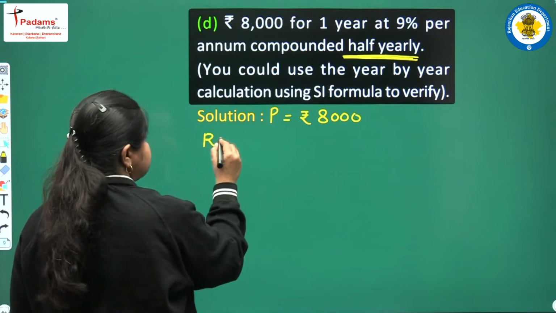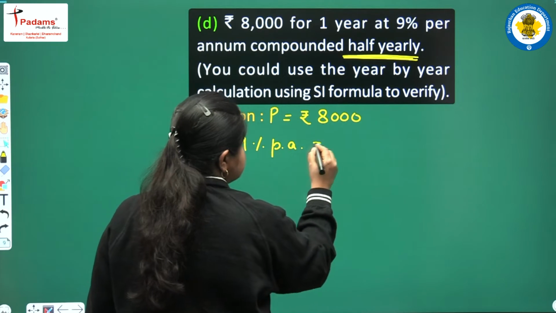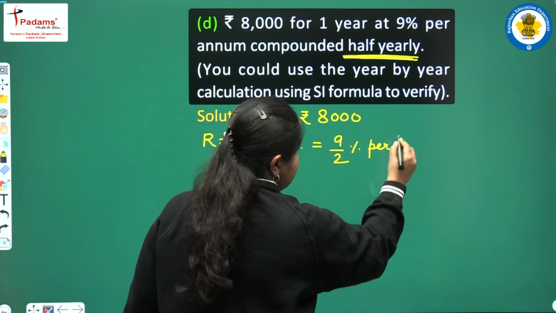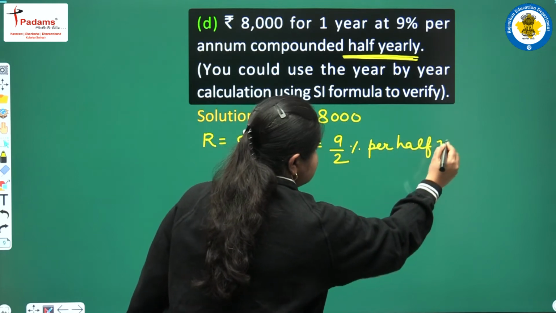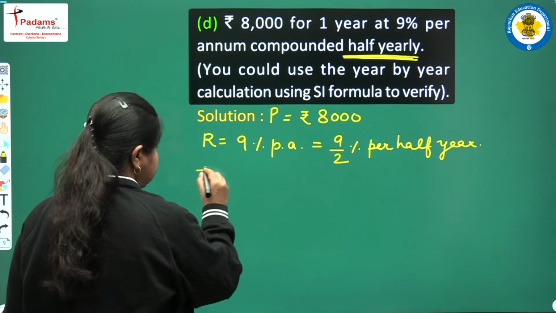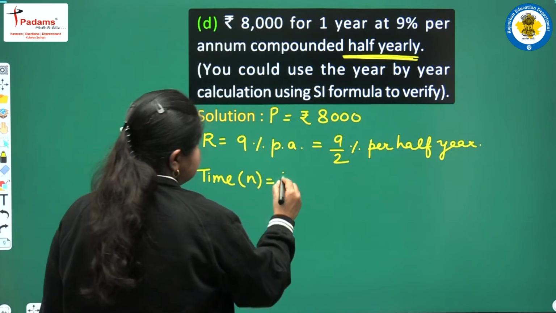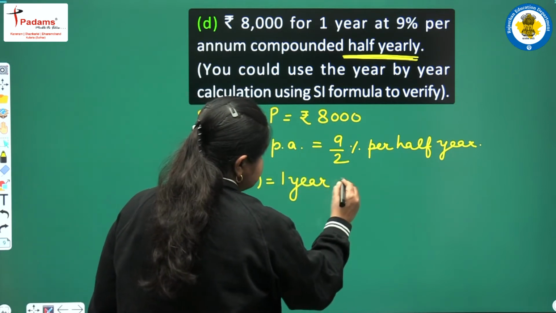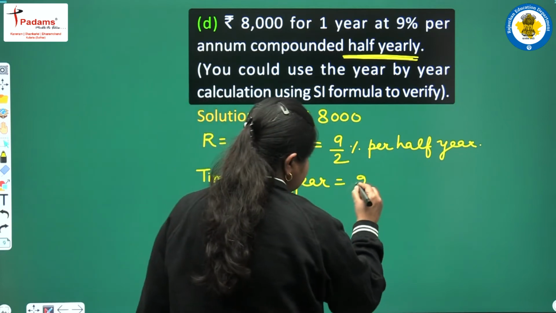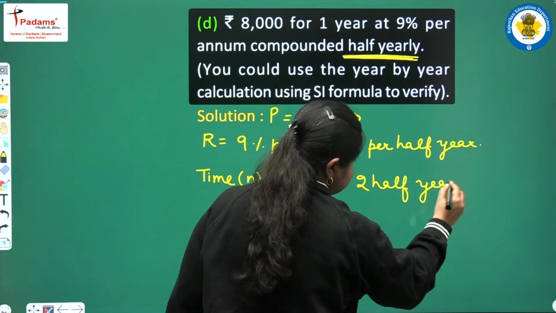The rate is 9% per annum, and this will be equal to 9/2% per half year. We halve the rate, and the time, denoted by small n, is given as 1 year. In one year there are obviously 2 half years, so we multiply by 2 and write 2 half years.